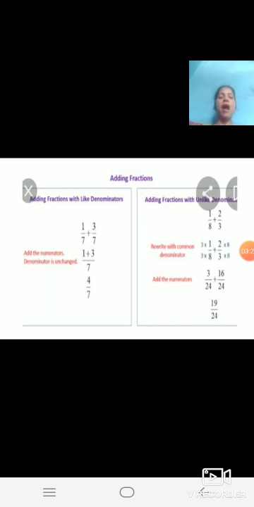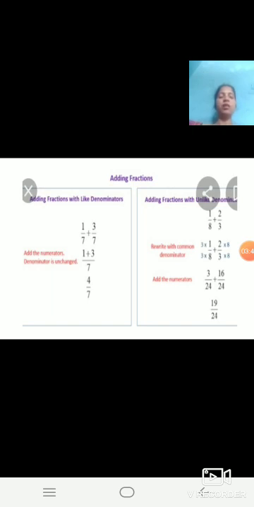So next one is adding fractions with unlike denominators. See example 1 by 8 plus 2 by 3. Rewrite with a common denominator. 3 into 1 over 3 into 8, plus 2 into 8 over 3 into 8.